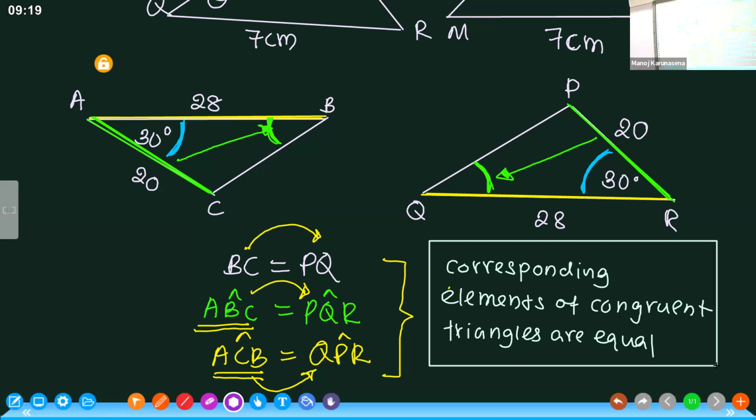Corresponding elements of congruent triangles are equal. Correct? Clear? Shall we start doing this question quickly?